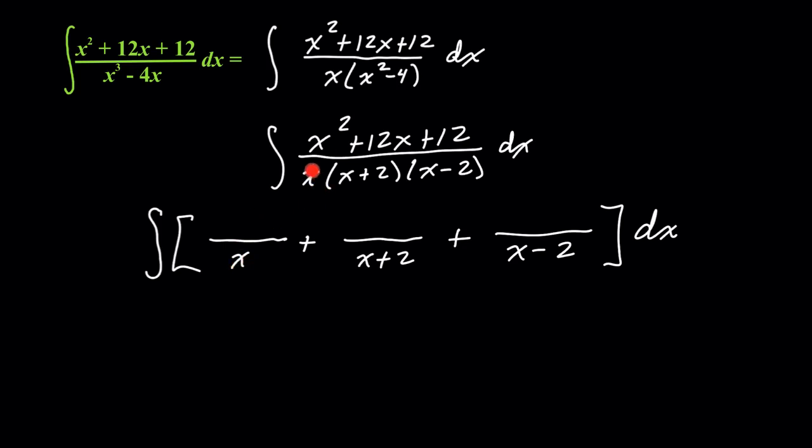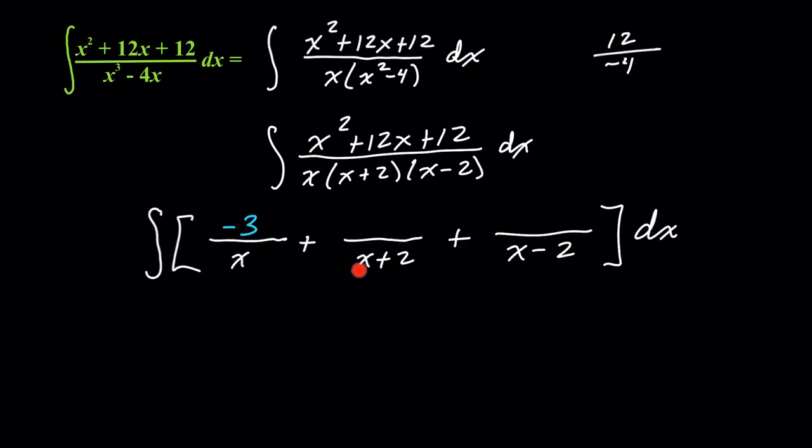And by plugging 0 in for x, we're going to ignore this factor. So plugging 0 in for x, this is 0, 0, and 12. So you're going to get 12 over. And then plugging 0 in here and here, you're going to get 2 times negative 2, which is negative 4, which will give us negative 3 for a numerator.